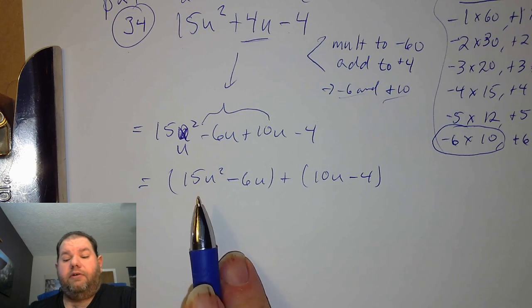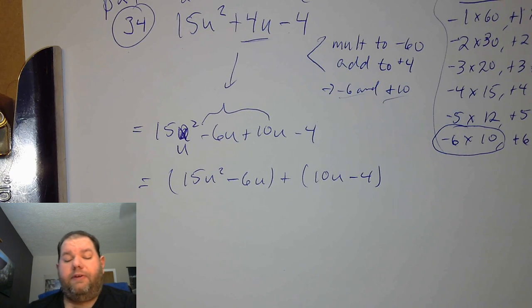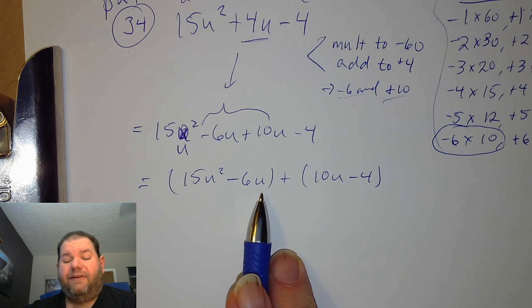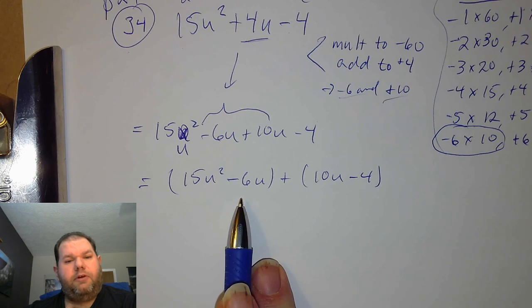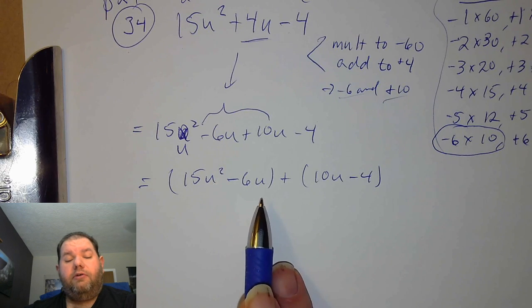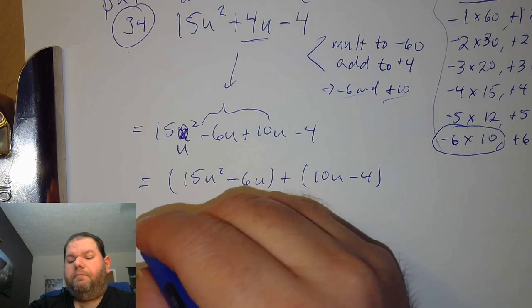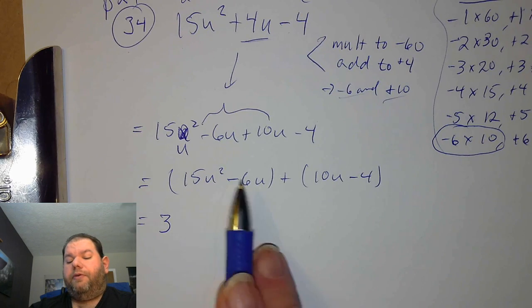Now we need to find the greatest common factor for each set of these parentheses. So what's our GCF for 15u squared minus 6u? When we look at the 15 and the 6, what number can we take out of both of those? And then u squared and u, is there a u that we can take out? 3. Definitely take out a 3 from both of those numbers.